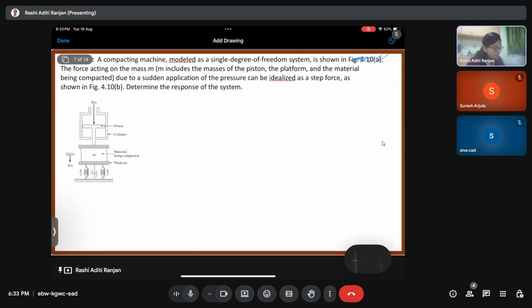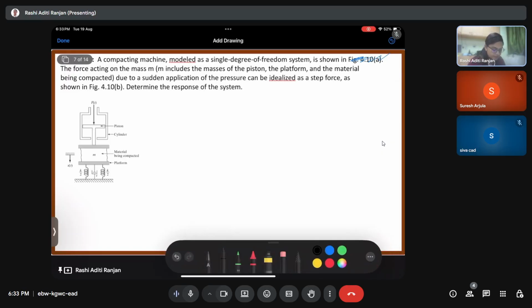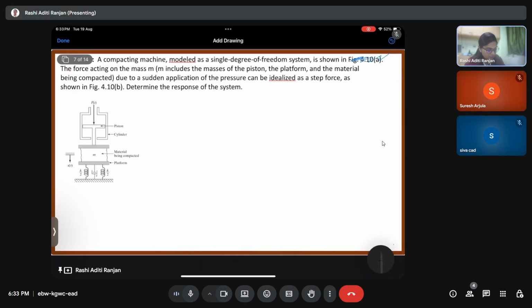So essentially, what do we have over here? We have a system which has a mass, which is connected to the ground by a spring and a dashpot. Then there is a cylinder and piston above the mass, and at the piston there is a force F of t which is applied.